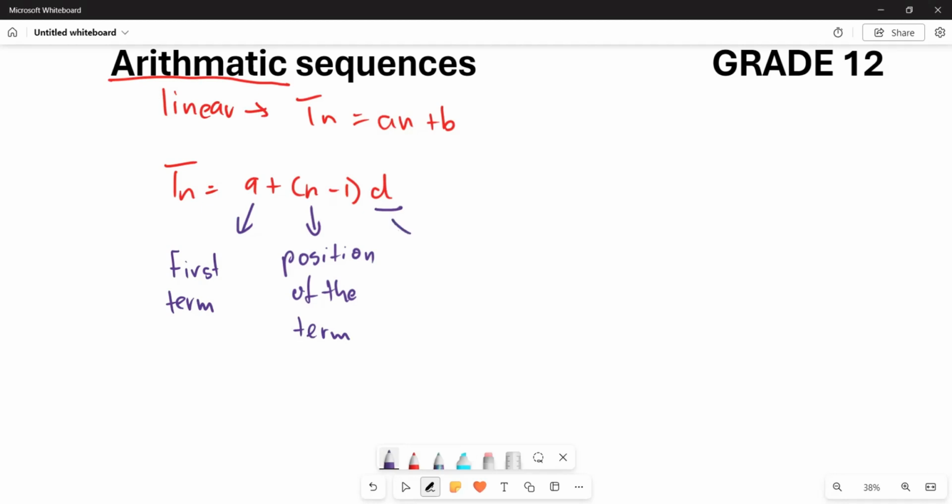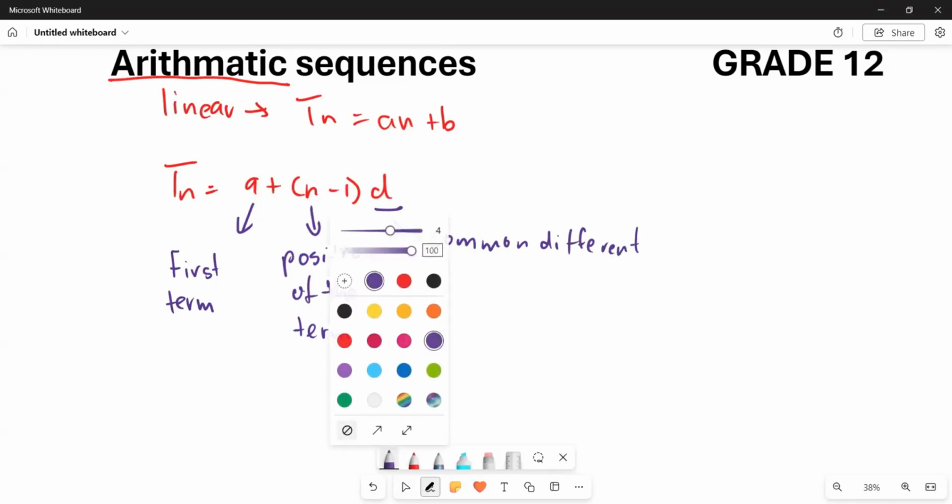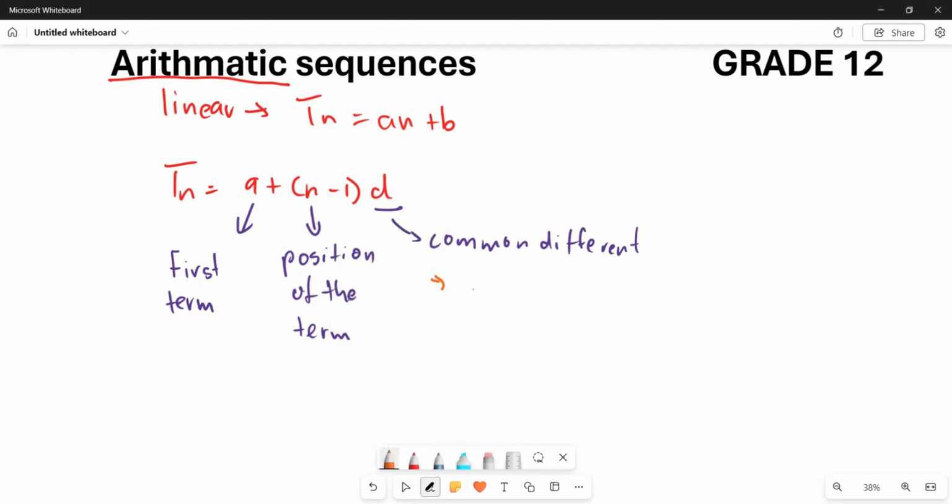And the D here represents your common difference. To put this in simpler ways, D represents your constant difference, so that you understand that the difference in here needs to be constant.